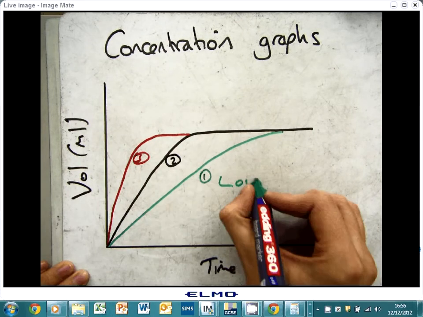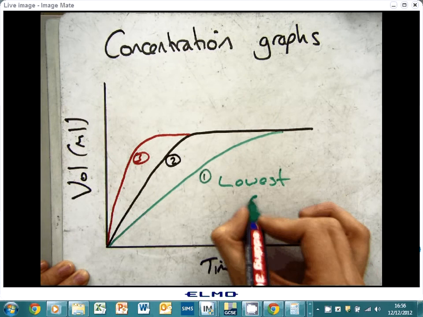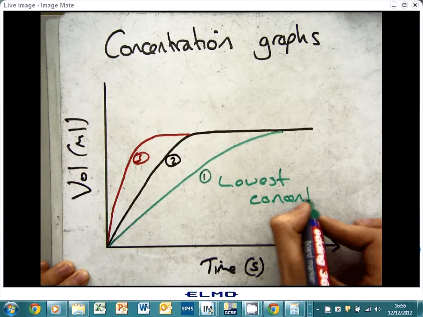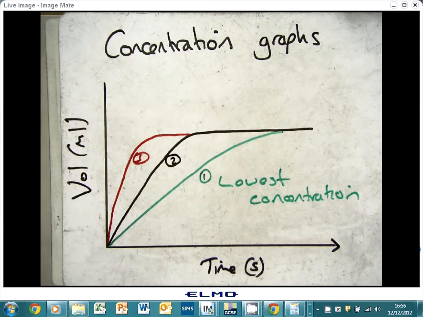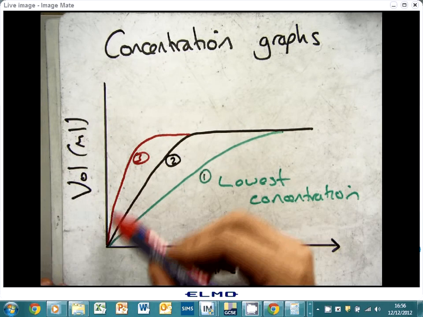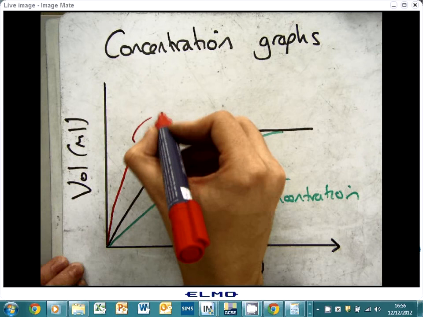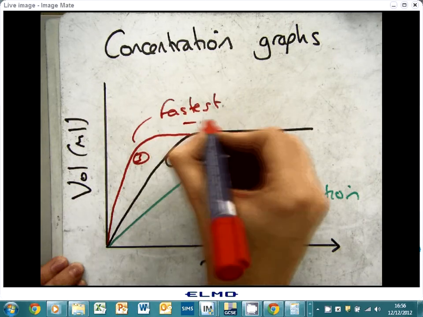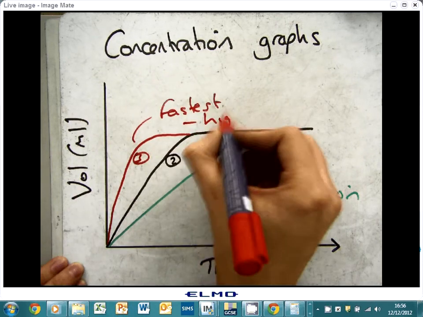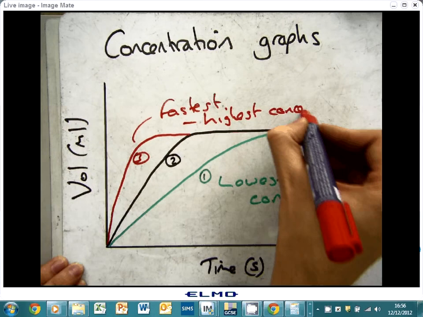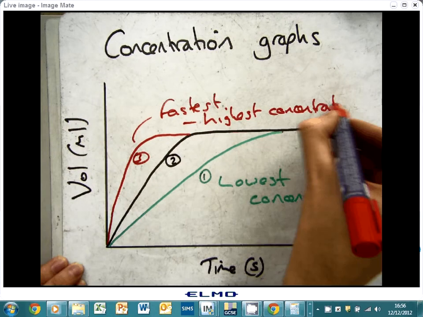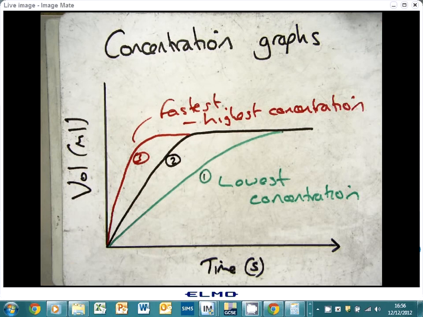So 1 has the lowest concentration. Therefore 3, because it has the steepest curve, is the fastest, which is the highest concentration.